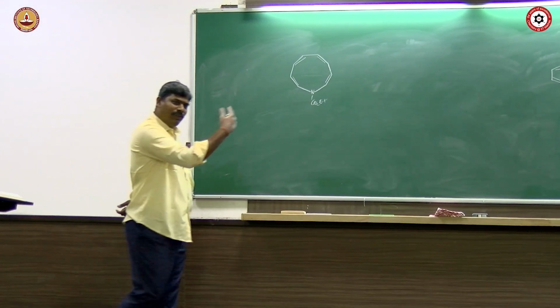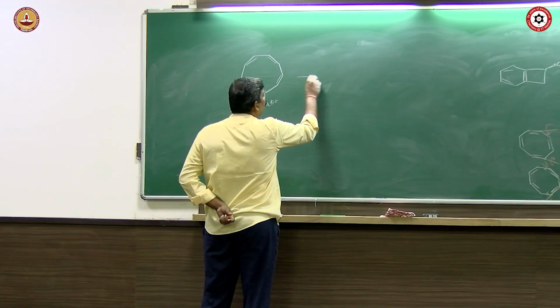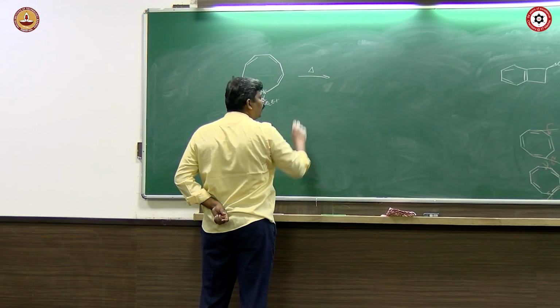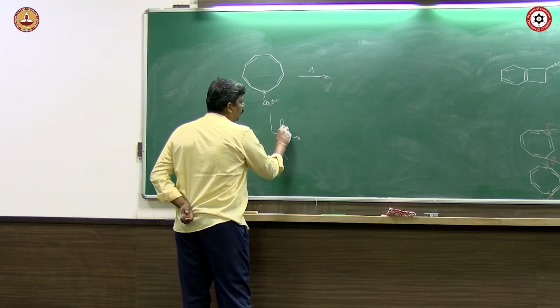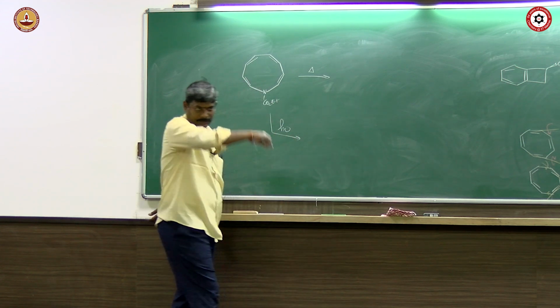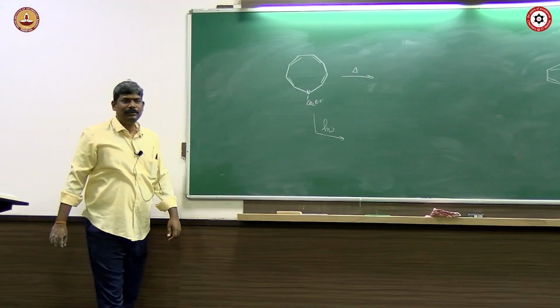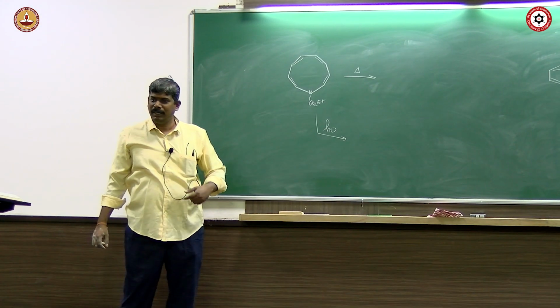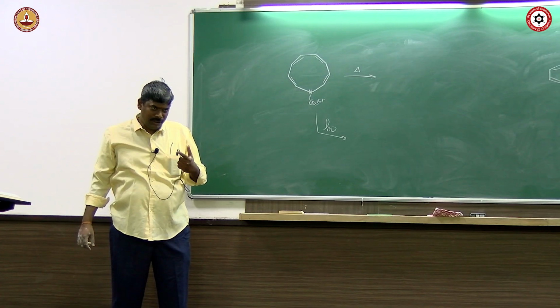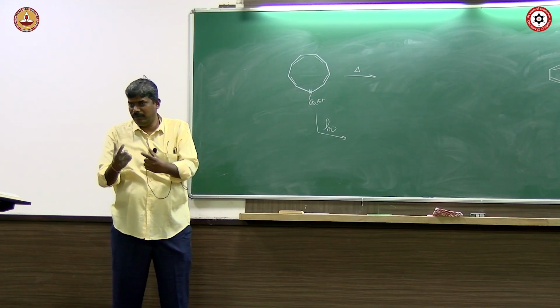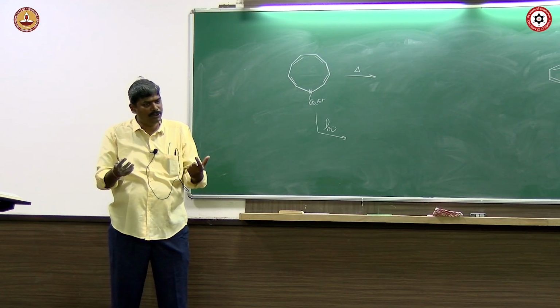Now, going through the same principle, what would be my product if I heat? What would be my product when I use light? In the thermal case, you would obviously prefer dis in both cases, because the ring fusion you wanted is cis. So it has to be disrotation.